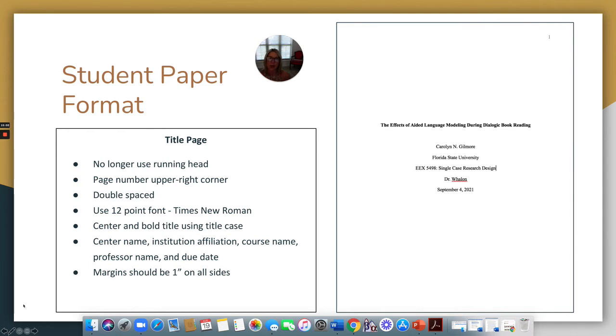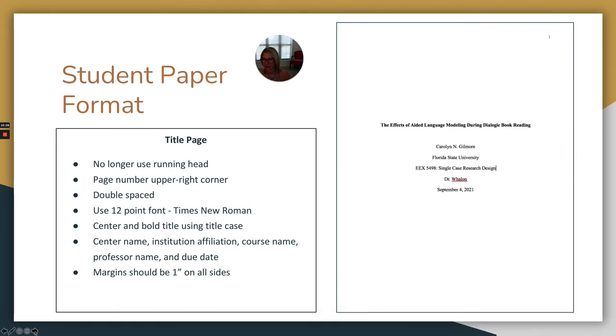I'm going to mention a couple that APA 7 says are appropriate to also use, but just be mindful of what your professor may require. And then when you do a student paper, be sure that your margins are 1 inch on all sides. Don't try to bring those margins in so that you can write a longer paper. Make sure they are 1 inch.